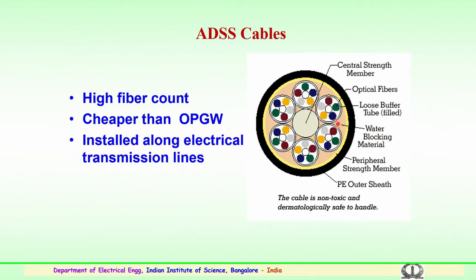Then you have a buffer tube which is filled adjacent to the fiber communicating cables. Then there is a layer which protects against water entering the fiber optic link, shown in orange color here. Then you have a yellow peripheral strength member to protect the other layers. Then you have a total outer sheath, a polyethylene insulating sheath, which provides the insulation effect for the entire cable.